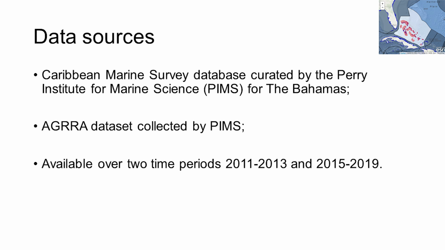And then for the Bahamas, it was the data curated at the Perry Institute for Marine Science, plus the data that they had encoded into the AGRRA database. The Perry Institute had data for 2011 to 2013, and another group of data for 2015 to 2019. So this is the period that we used in this analysis.